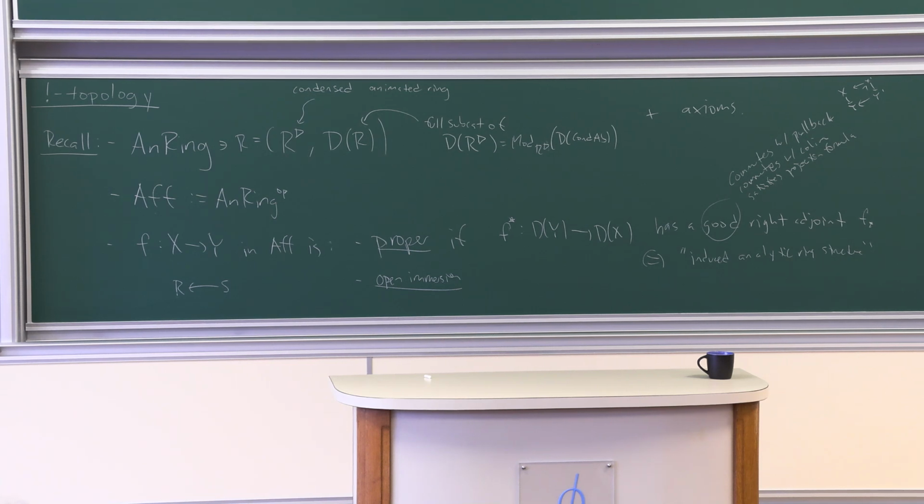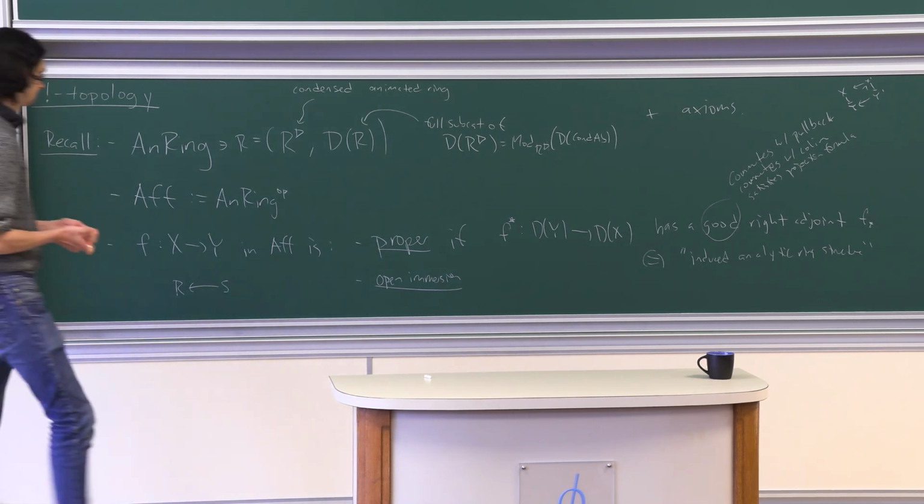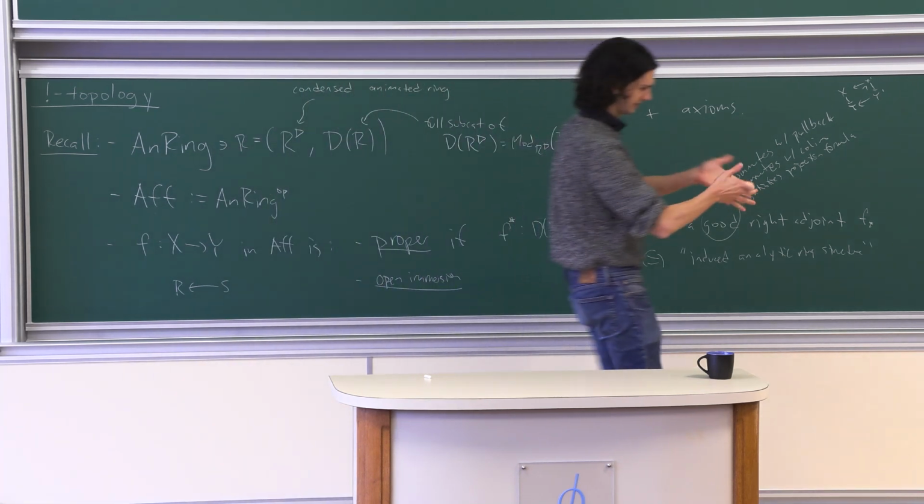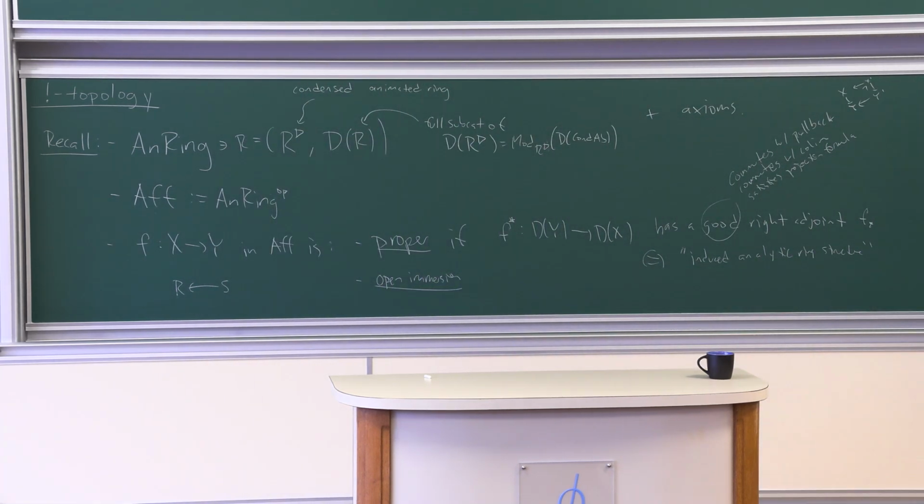Well, its objects after isomorphism are those which, when you restrict to S, are. Yes. Okay. Exactly. So it looks basically like an affine map in usual algebraic geometry, but we call it proper because of this situation here.